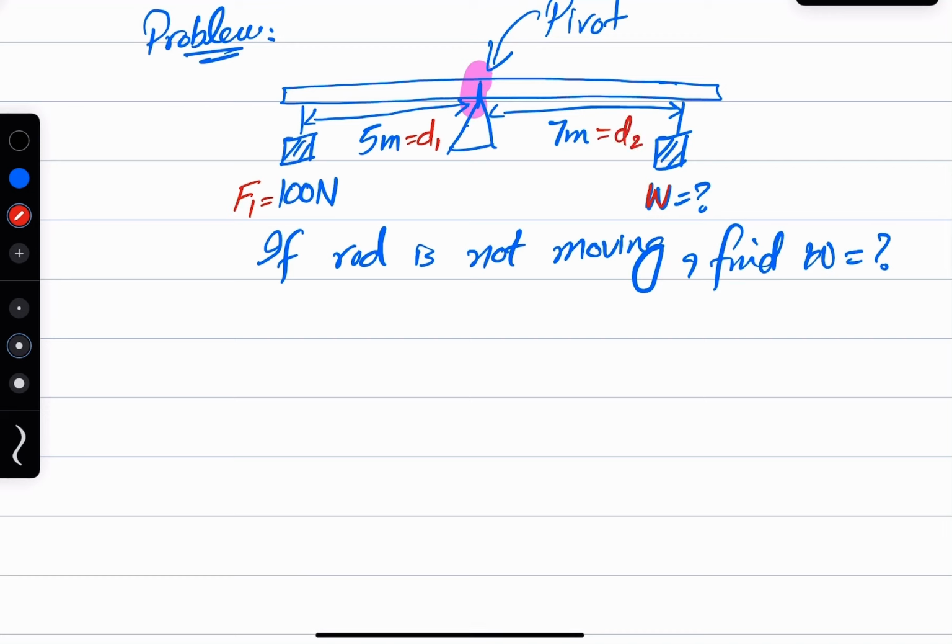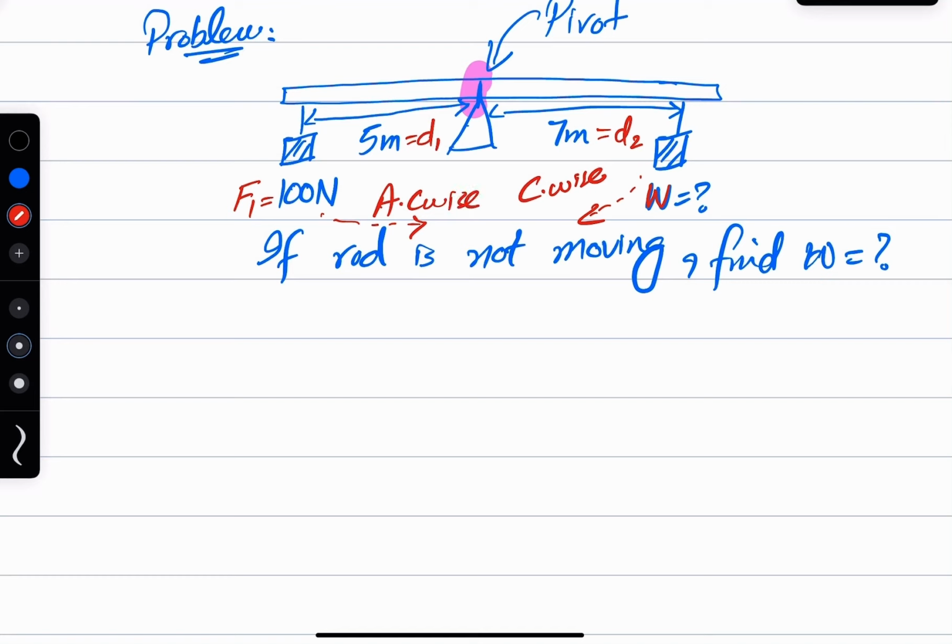So let's decide which one is clockwise and which one is anti-clockwise. Weight is acting downward on the right side of the pivot point, so it will produce a clockwise movement. And F1 is acting in the downward direction on the left of the pivot point, so it will produce an anti-clockwise movement.